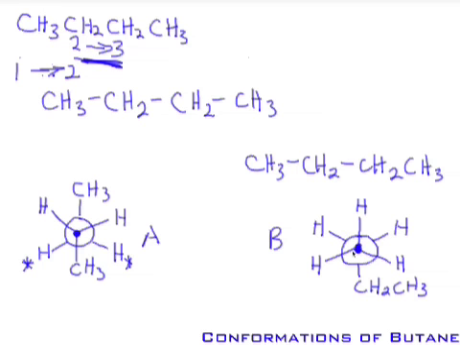Well, what we're going to do next is a conformational analysis on butane looking down the carbon 2-3 bond. And we're going to start with structure A. So I'm going to redraw structure A. Here's my regular butane, and I'm going to look down the carbon 2-3 bond. If I draw a Newman down the carbon 2-3 bond, starting with a staggered conformation, my staggered conformation looked like this.